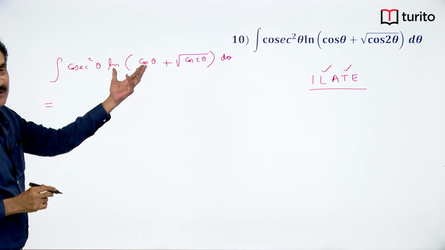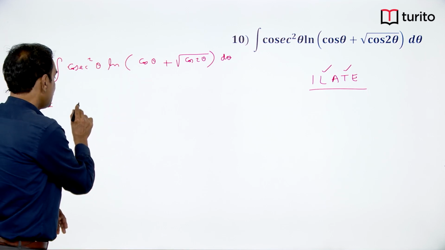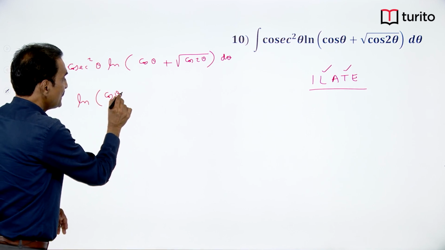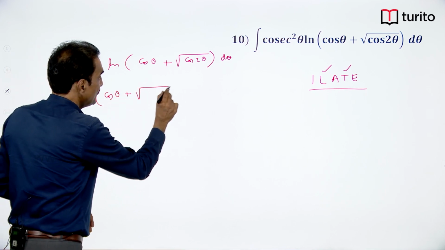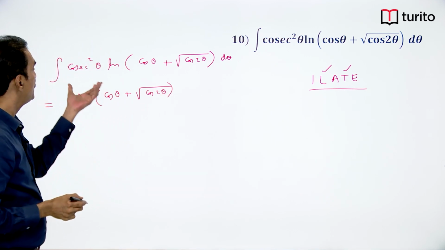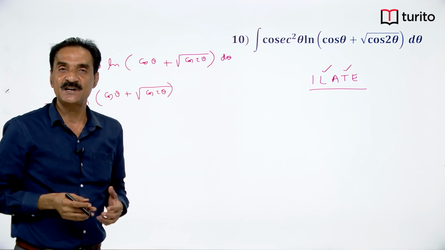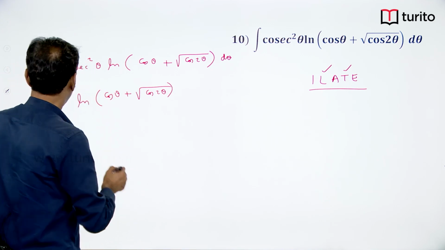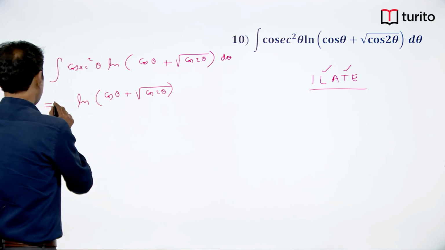First function into integral of the second, that is ln of cos theta plus root over cos 2 theta, first function, into integral of the second. Integral of cosecant square theta is minus cot theta, it is a formula, into minus cot theta.